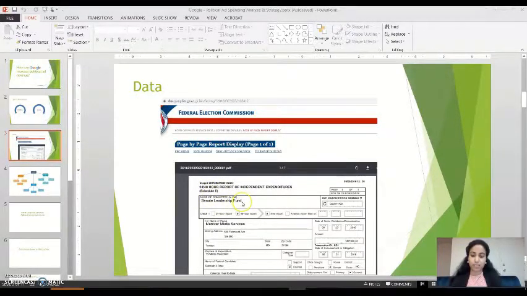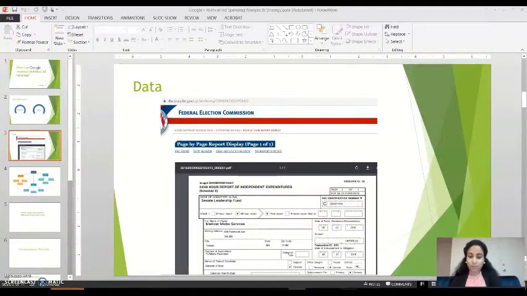Over here we see the Senate Leadership Fund, which is the committee's name, and we see all other information such as when the ad was placed, which candidate they were placing the ad for, whether they were in support or opposition, and what type of office that candidate was seeking, such as president, Senate, or House. There is a plethora of information on the type of ad spend by these political committees.